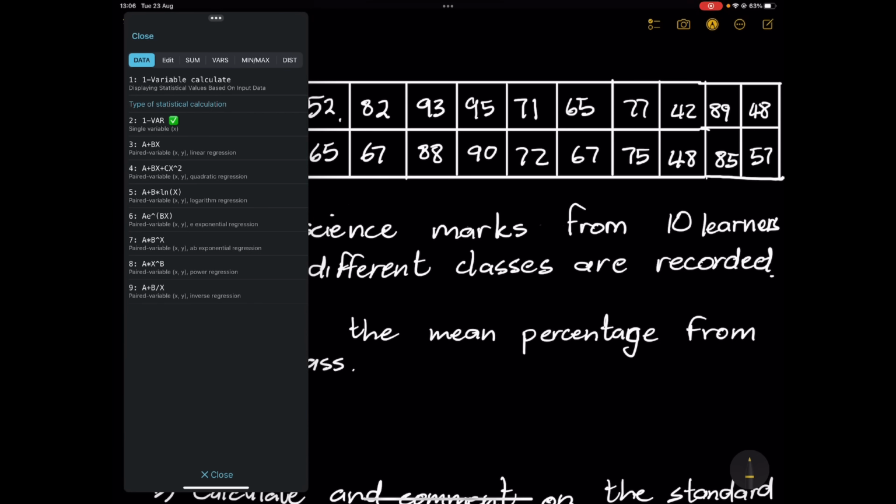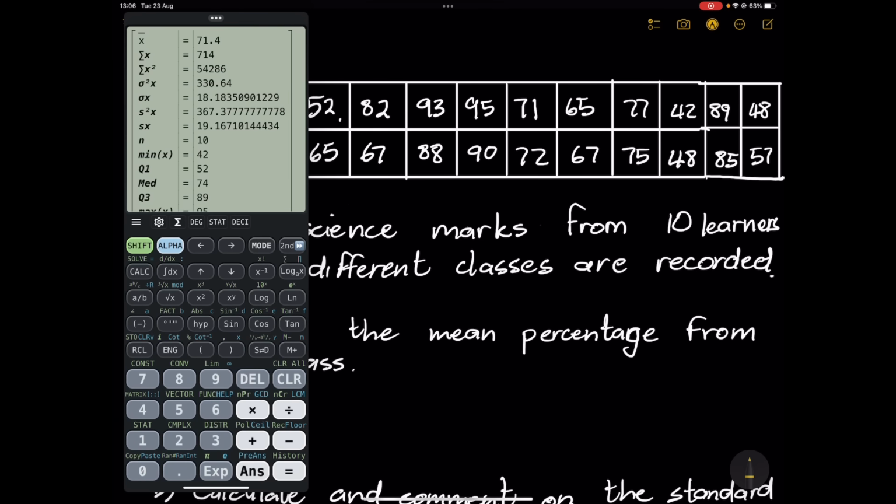So I'm going to say shift there. There's my calculation. Now, in my case, it gives me all the values, okay? So now I see that my mean for this class is going to be 71.4%. Okay, so that's for class A. So this is the mean for class A.